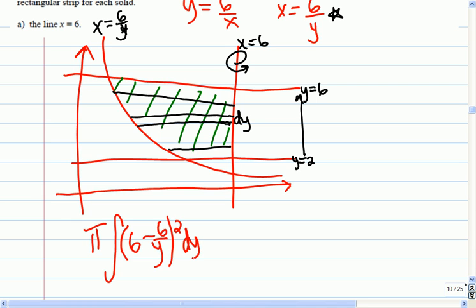And in terms of y, I can see my bounds here. I go from 2 to 6, so the integral is going to go from 2 to 6 as well. Okay, so the radius function, if you think about it, what we're doing is we're taking the entire length, this length 6, and I'm saying I don't want all of it, I'd like to remove this part here. So to do that, I have to subtract 6 over y from the original 6.